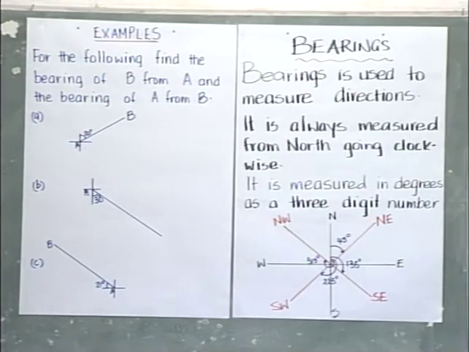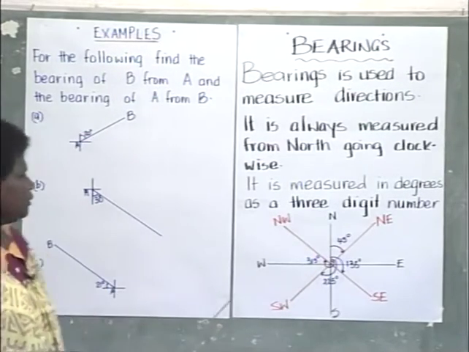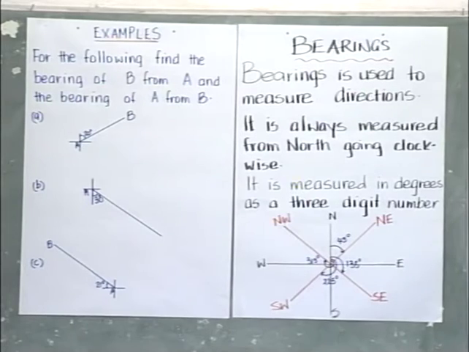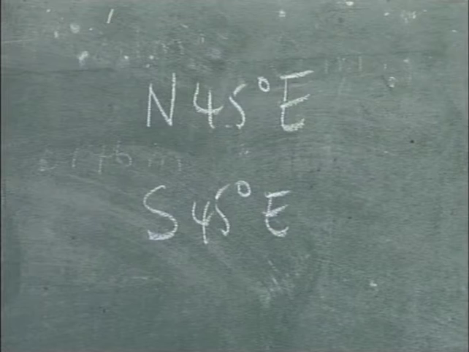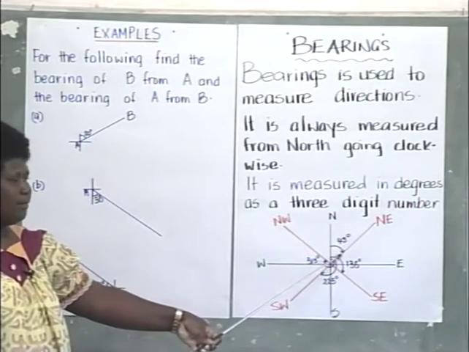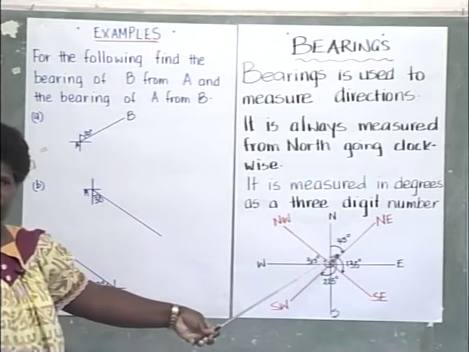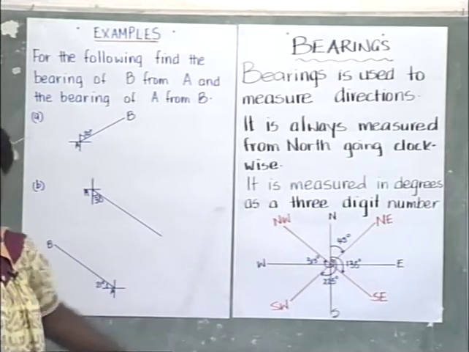If the direction northwest was written as north 45 degrees west, northeast, north 45 degrees east. So you know that you start from north and you go 45 degrees and you will get to that point.